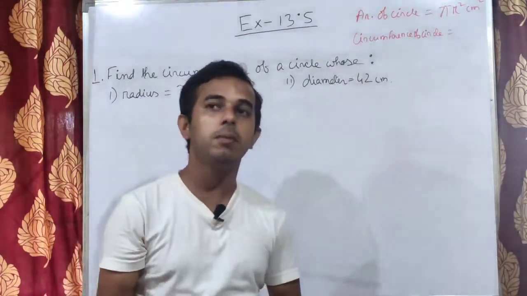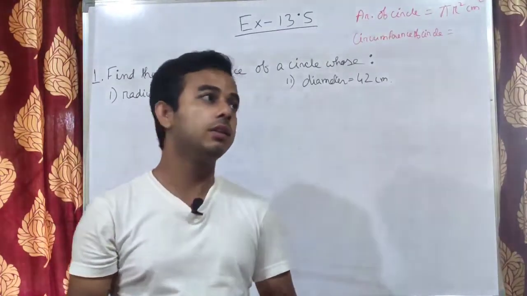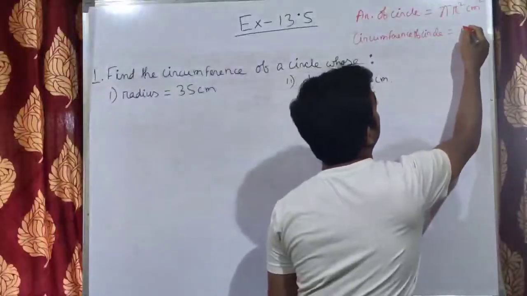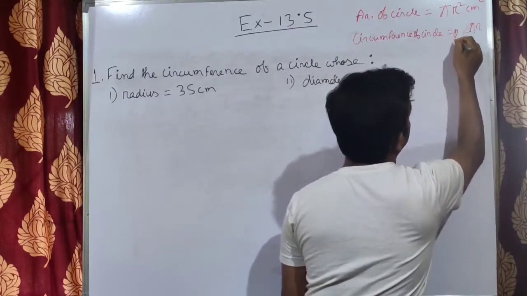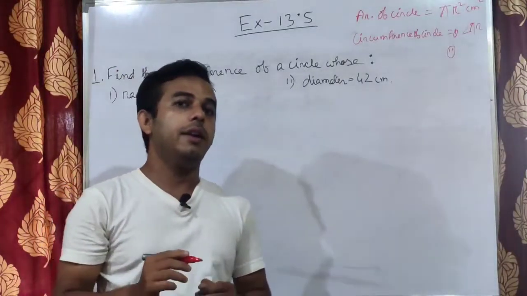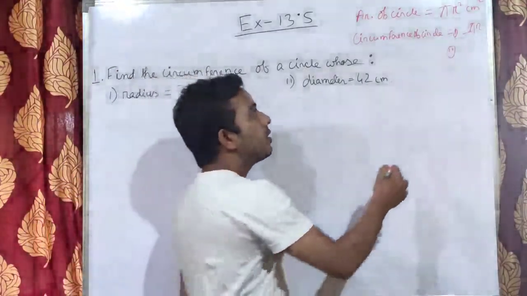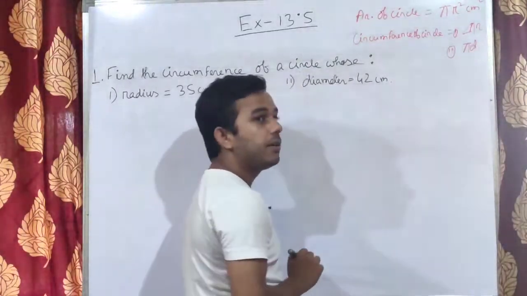One is when we have radius, it was 2 pi r. And another one when we have diameter, it was pi d.